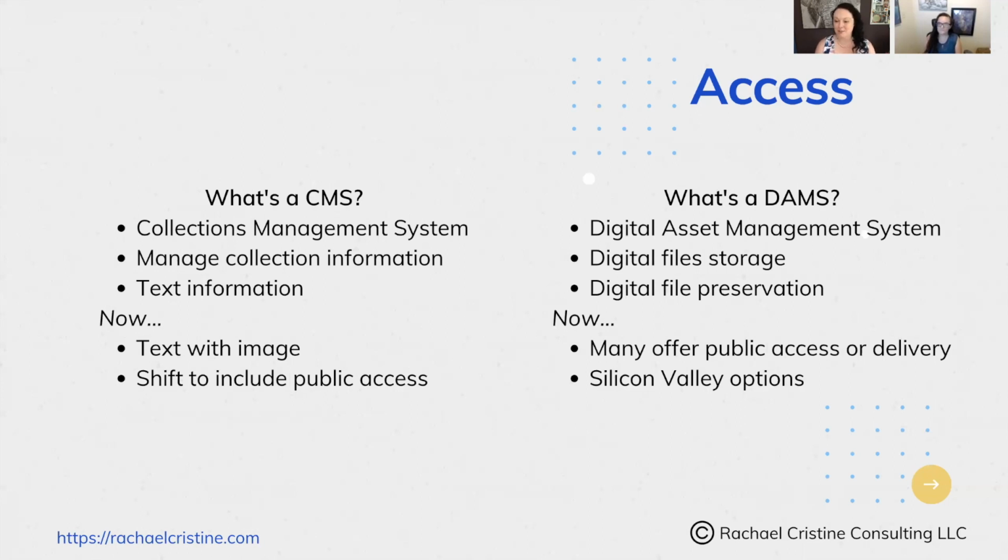And for digital asset management systems, they are starting to offer public access, or delivery mechanisms for things that are stored in the DAMS. And some examples of this come from Silicon Valley: Google Drive, Dropbox, products that are able to function primarily as just asset storage. You can also now share, collaborate, publish online, that type of thing.